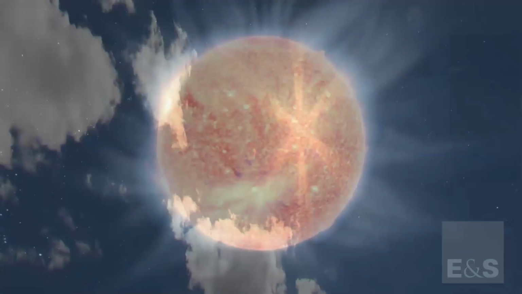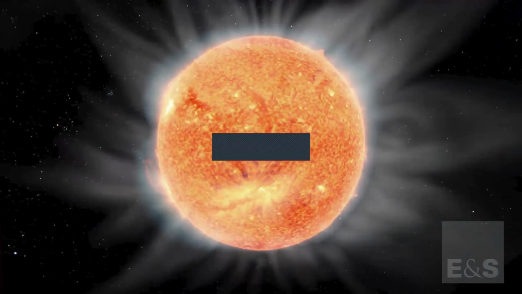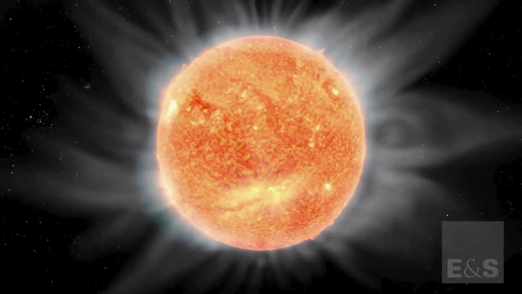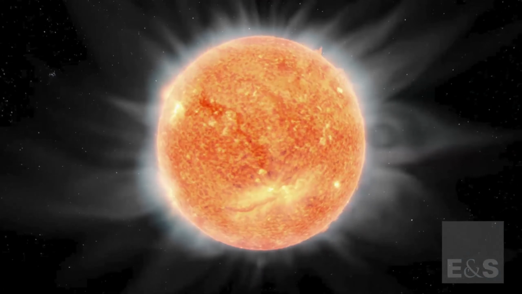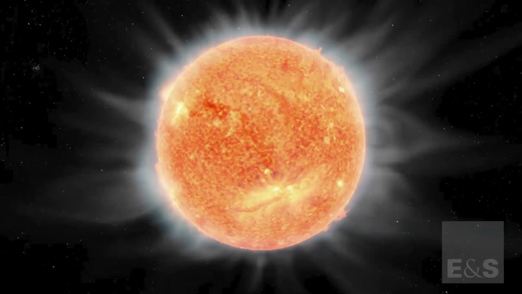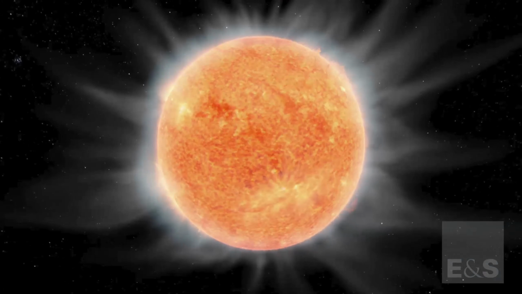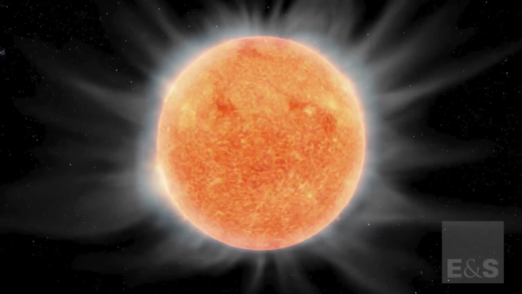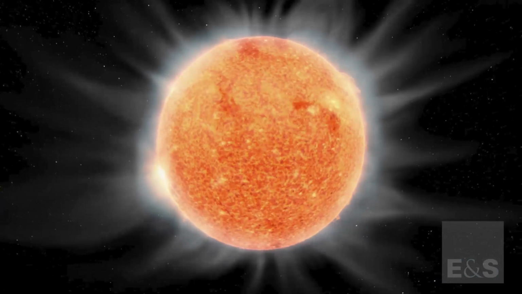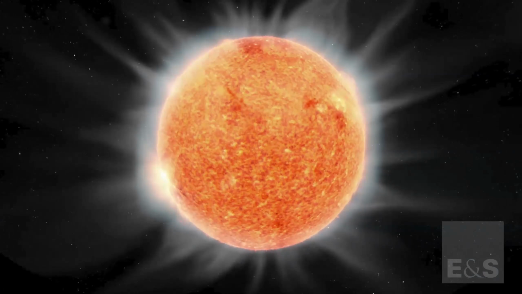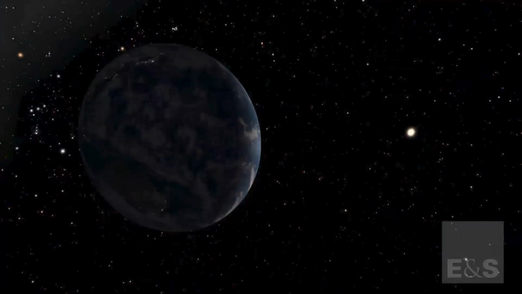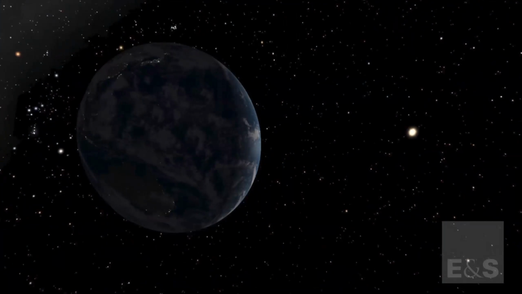Seen in close-up through the eyes of various spacecraft, its explosive nature is very obvious, as is its true size, 1.4 million kilometers across. That's big enough to put 1 million Earths inside. The surface temperature is just over 5,500 degrees Celsius, but at its core, where nuclear fusion occurs, it's around 15 million degrees.